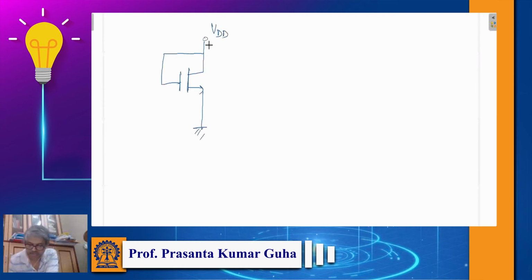If you come across such a circuit, you remember a problem we discussed in the last class, but let me just reiterate for those who didn't understand that problem. If we short the gate and drain, you see this is your VGS and this is your VDS. So in this particular configuration VDS is equal to VGS all the time.